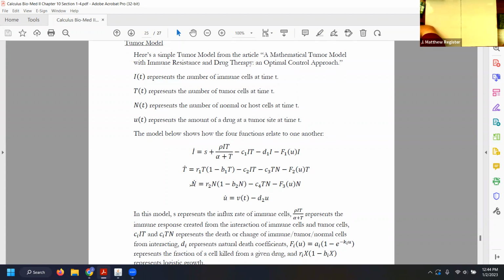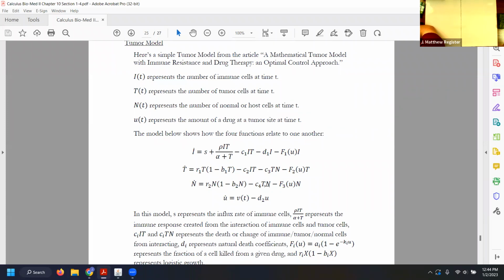The last one is N dot, which is equal to R2. So this is normal cells now. We have this first term, which is corresponding to logistic growth again. And so in the case of logistic growth, we are going to see that it's got a carrying capacity. There's a set amount of normal cells you're supposed to have.